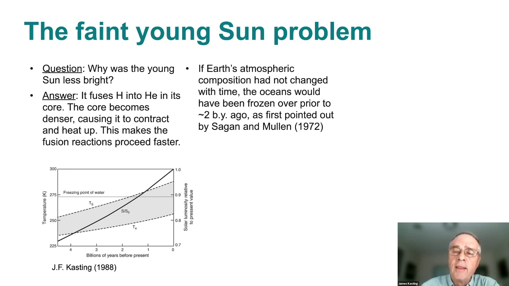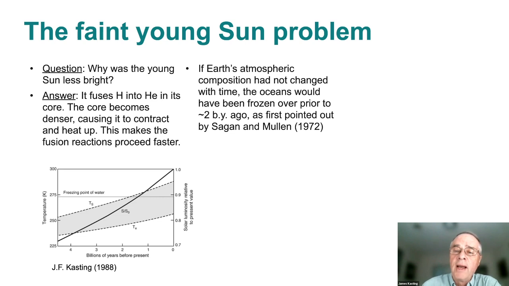And the calculation here was done just like Sagan and Mullen did it, by assuming that the Earth's atmosphere had essentially the same composition as it has today. The two main greenhouse gases today are water and carbon dioxide. And this set of calculations had present day levels of carbon dioxide.